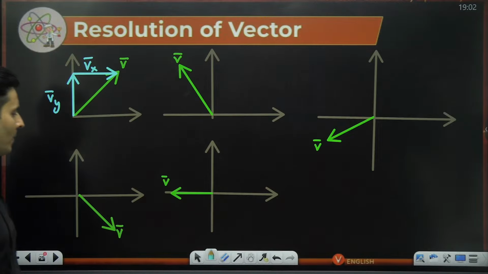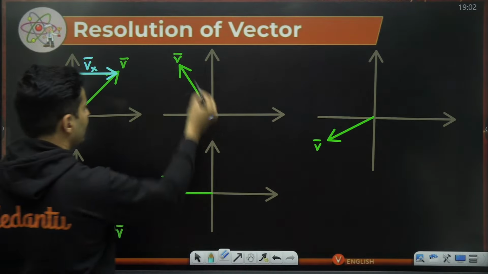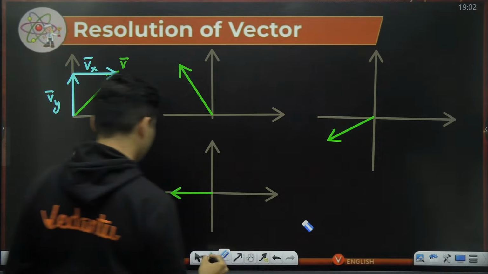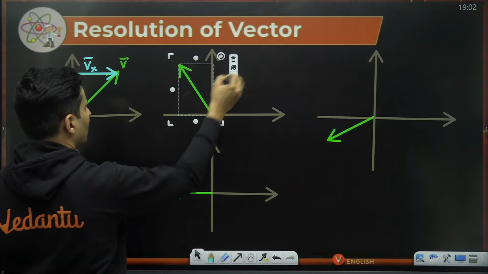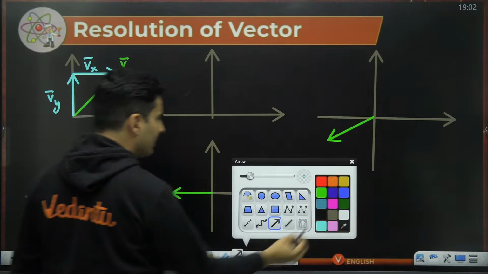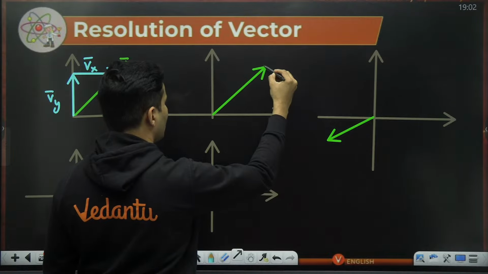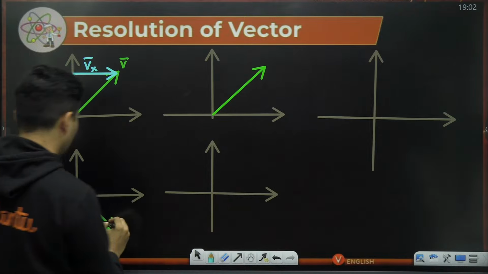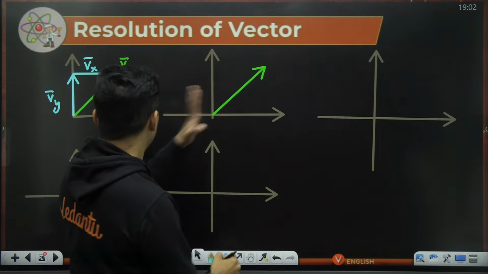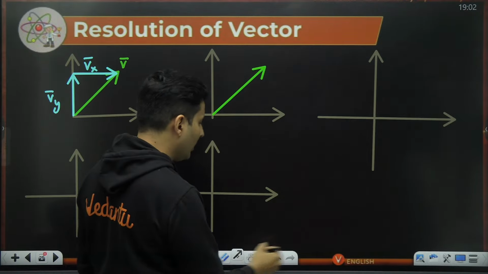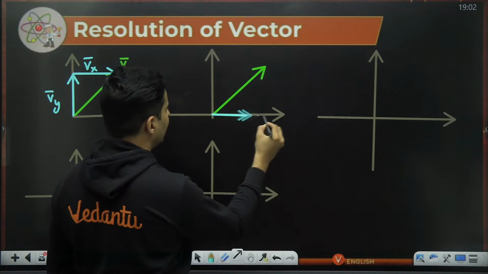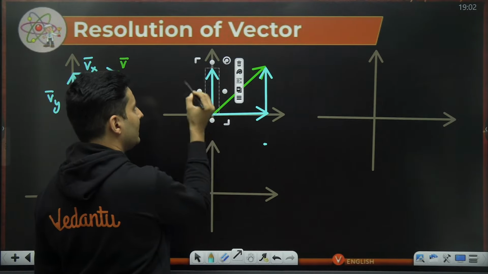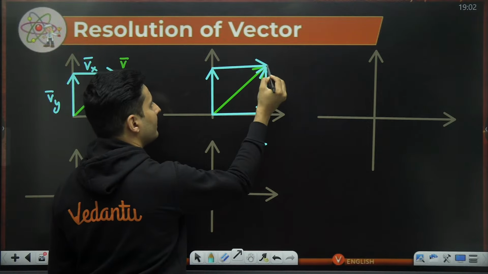This is also fine. In fact, let me tell you one thing, guys. Forget all this for a moment. If I had this particular vector, I can split it either like this and like this, or like this and like this.